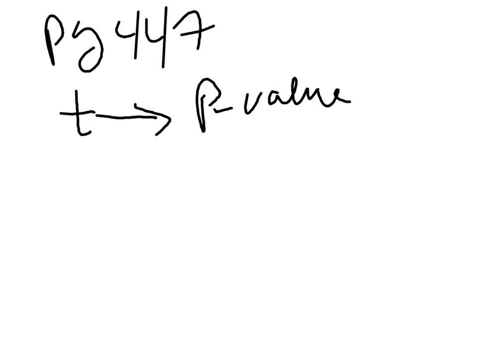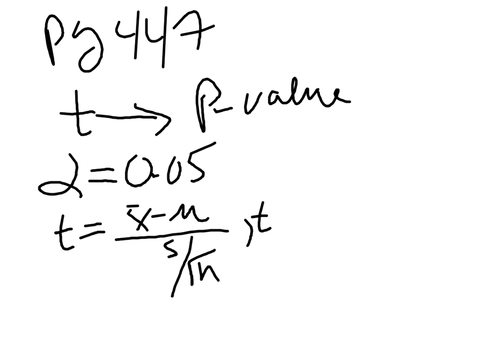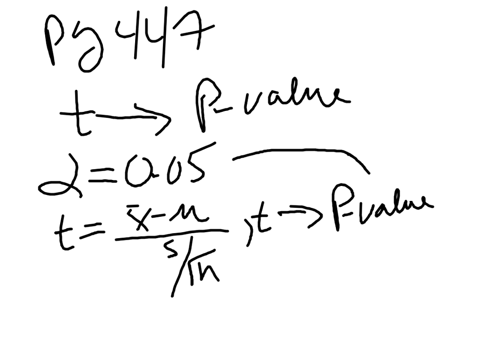What we need to first see is that we're asking if we're going to reject or not at 0.05. That means that we're going to use this formula, and once we get a value for t, we're going to convert that value to a p-value, and then we're going to find out what two numbers it falls within.